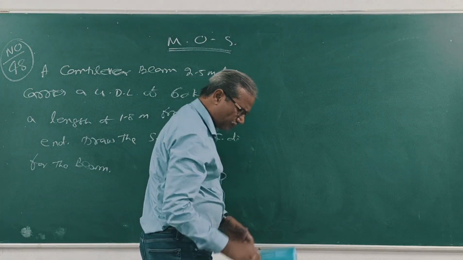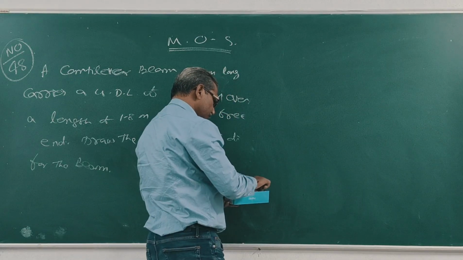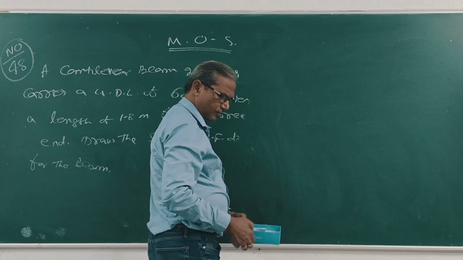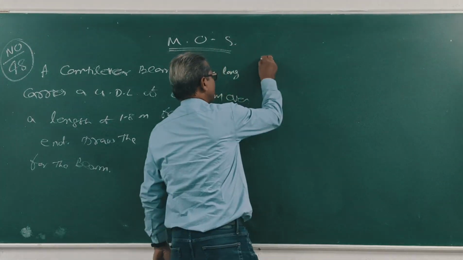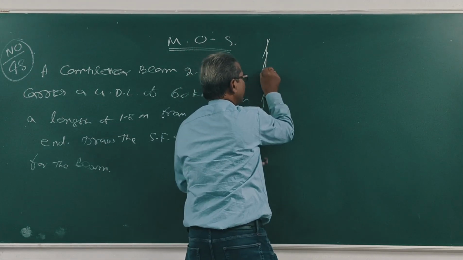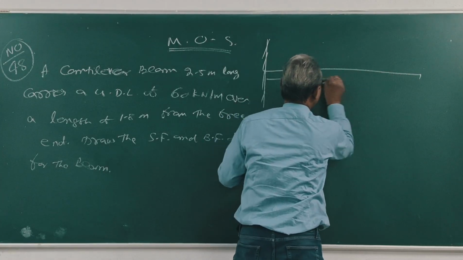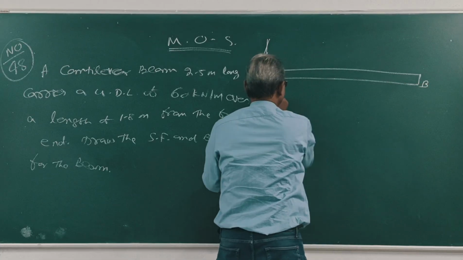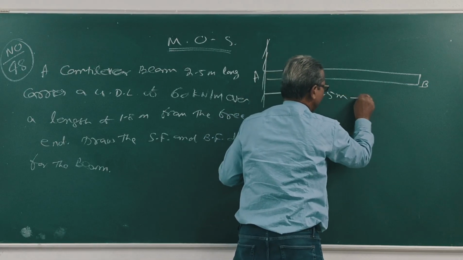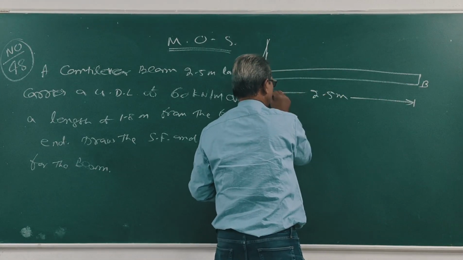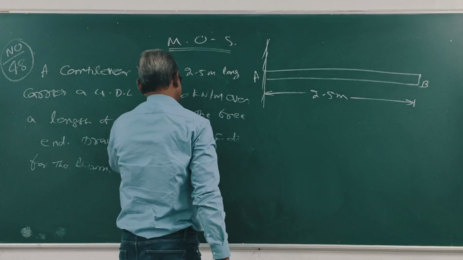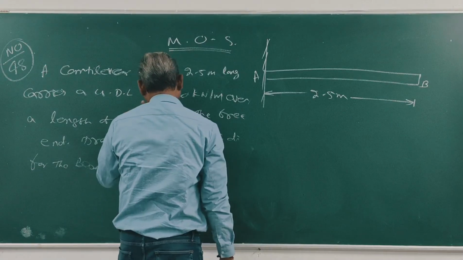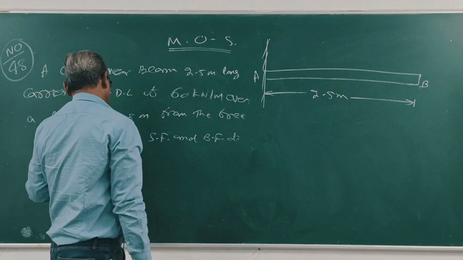Now, this is the cantilever beam AB, total length is 2.5 meter, right? It carries a UDL of 60 kilonewton per meter over a length of 1.8 meter from the free end.